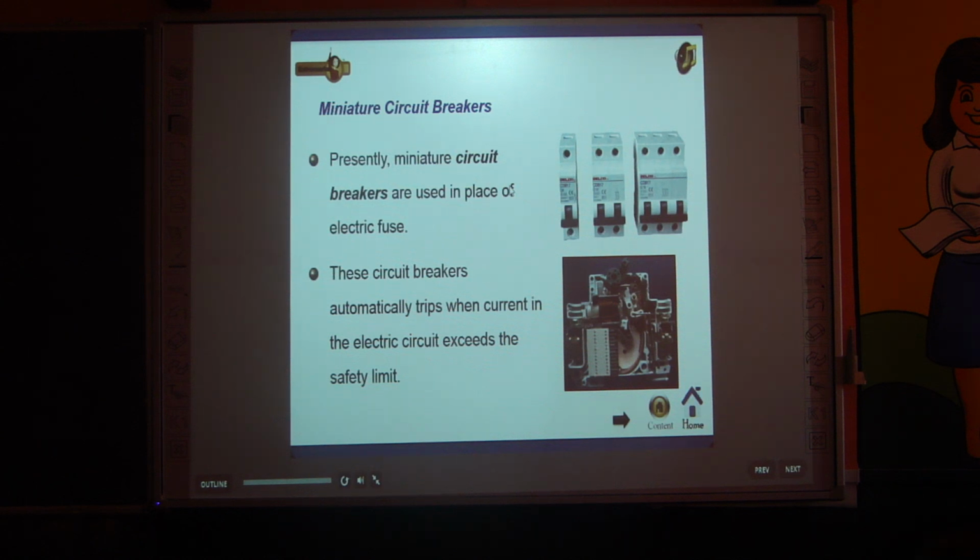So the miniature circuit breaker and the fuse do the same thing. The fuse melts when the electric current exceeds the limit and stops the flow of current. The miniature circuit breaker does the same thing: it automatically trips, which means it stops the flow of current.